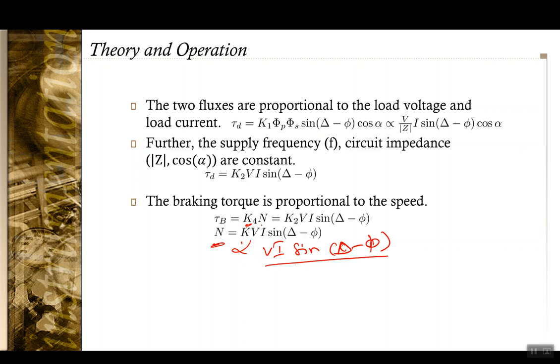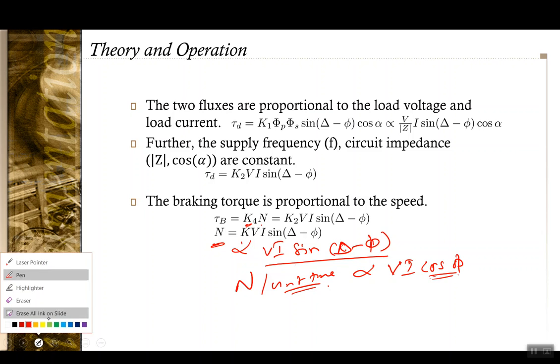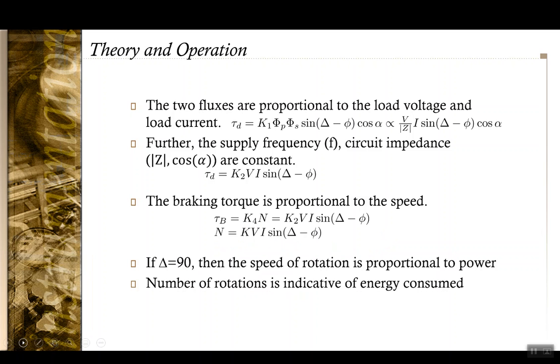What we really need is that the number of rotations per unit time should be proportional to Vi cos phi. So what we basically need is that delta should be 90 degrees.